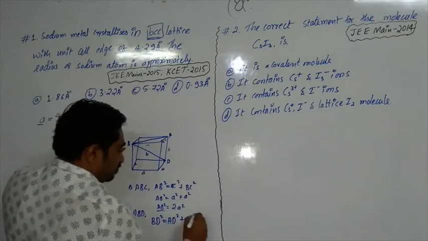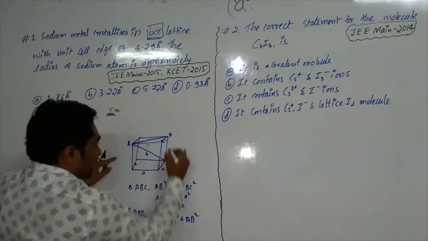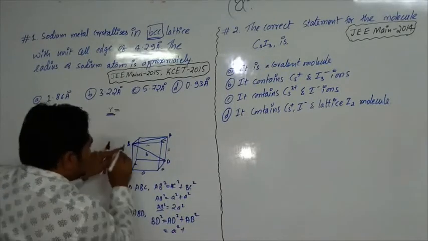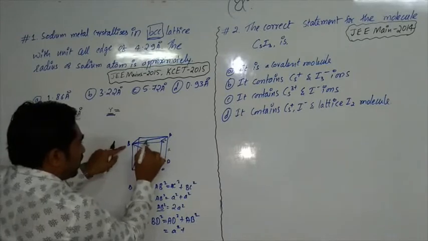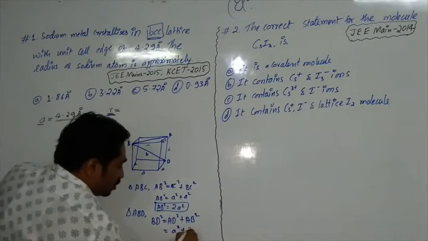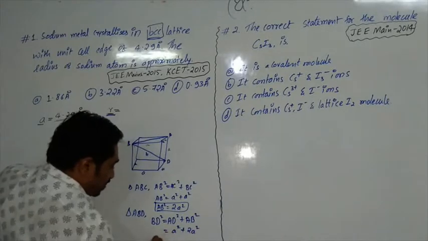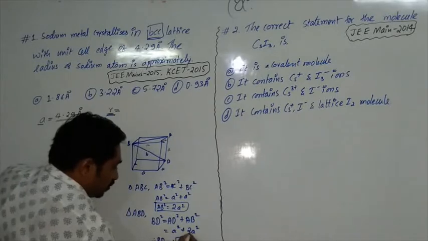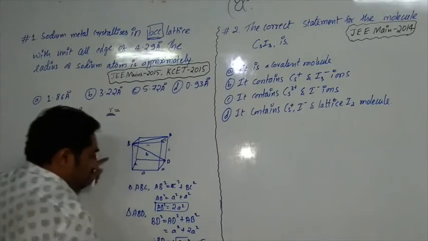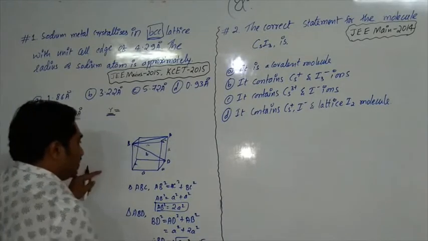AD is the length of our side, so this is A square, plus AB, our face diagonal. Already we have calculated AB square is equal to 2A square. Therefore BD is equal to root of 2A square plus A square, that is 3A square. You can write root 3 A. So BD is equal to root 3 A.